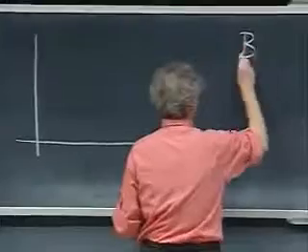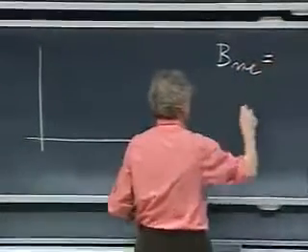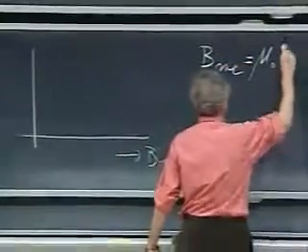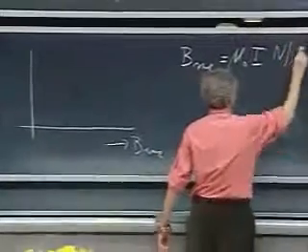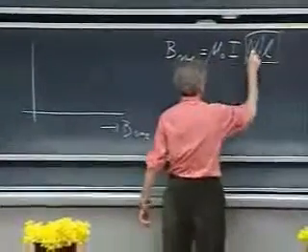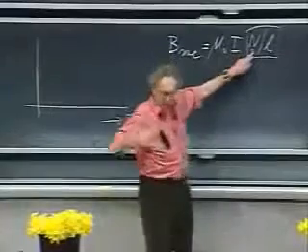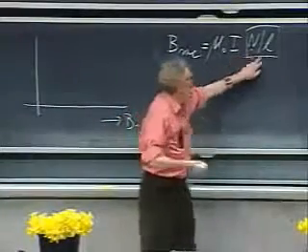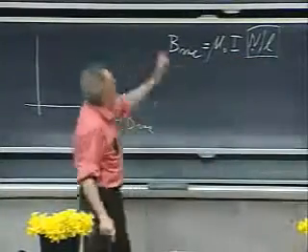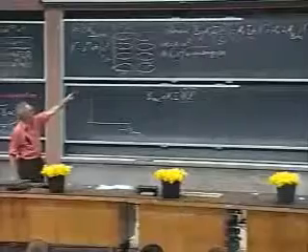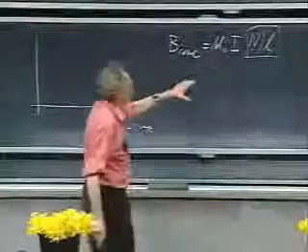And that vacuum B field equals mu 0 times I times N divided by L, except that this N divided by L is now the number of windings of my current wire, and this is the length of my solenoid. So don't confuse it with the one we had there, because that was on an atomic scale, and this is on a macroscopic scale.